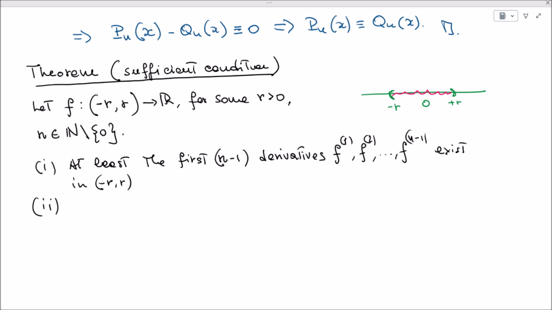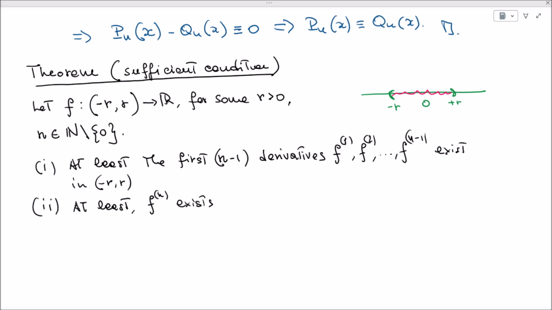Then, of course, why am I saying at least? Because if the function has more derivatives, it's even better. But this is what we need, okay? And we also need that at least the nth derivative exists.